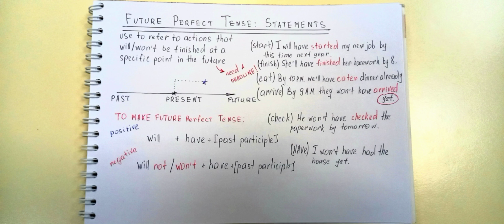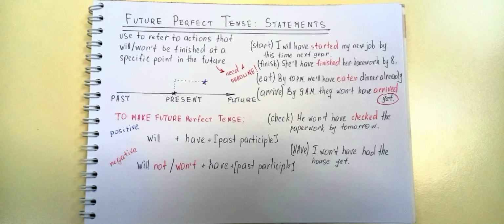Between now, present tense, and this point tomorrow, the paperwork checking will not be completed. It won't be done. By tomorrow shows that in this time period the action will not be completed.